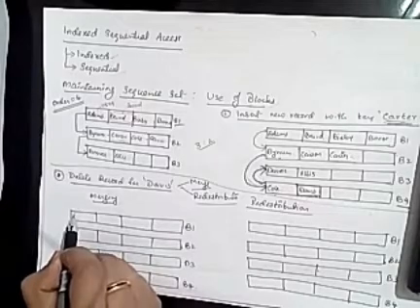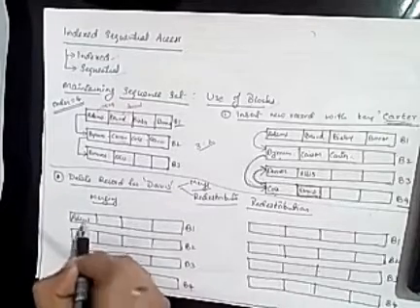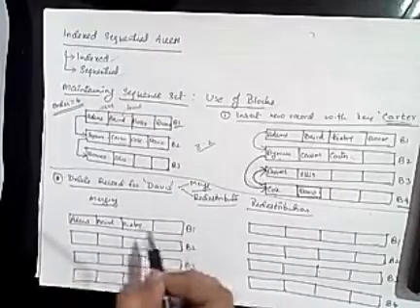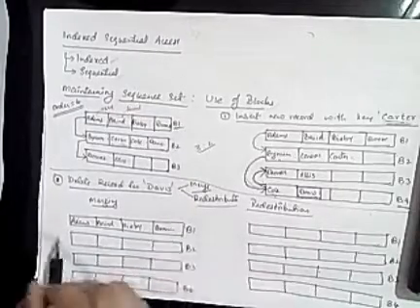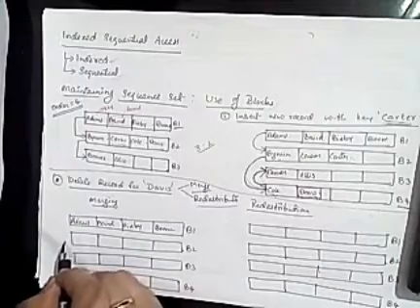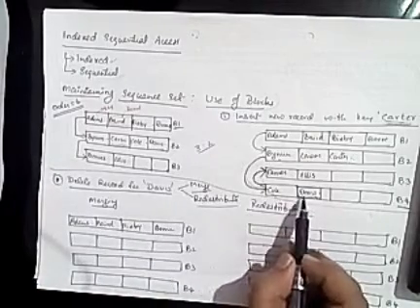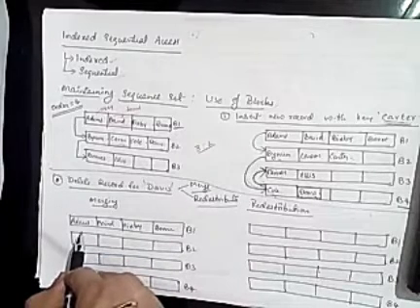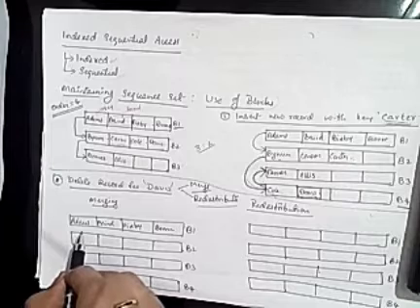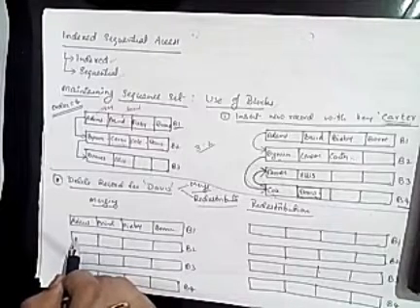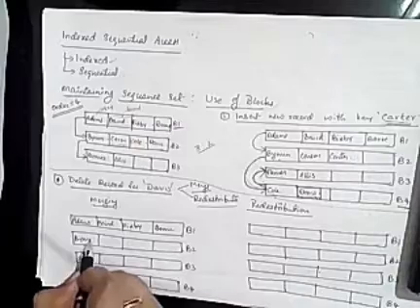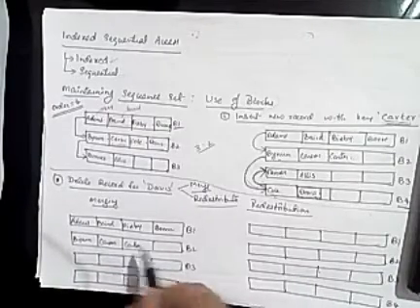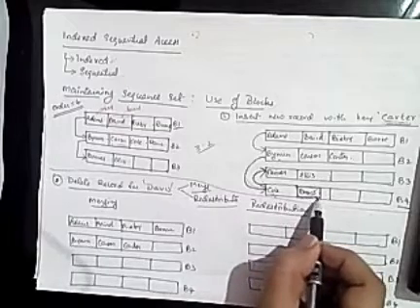Adams as it is, and here if I am going to merge, I can merge it with B3 or B2. Let us say I will merge it with B2 itself. Bynum stays, and Davis I am going to delete.